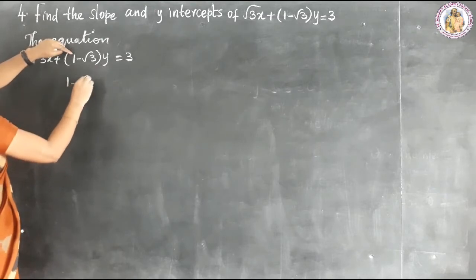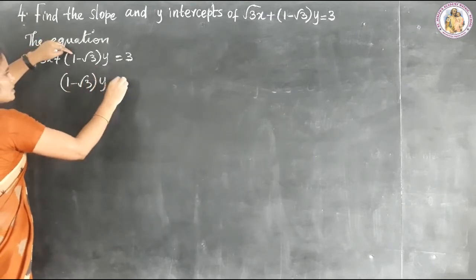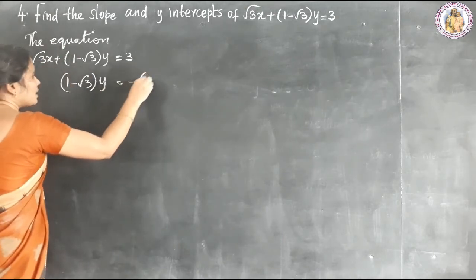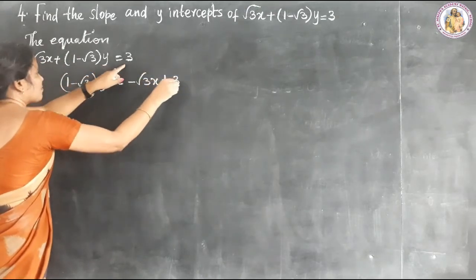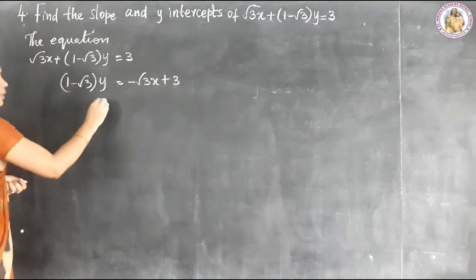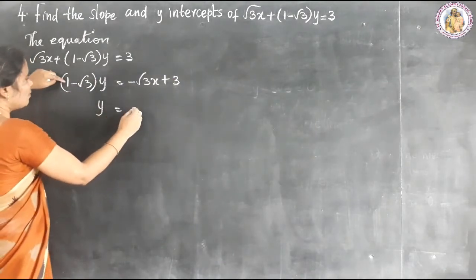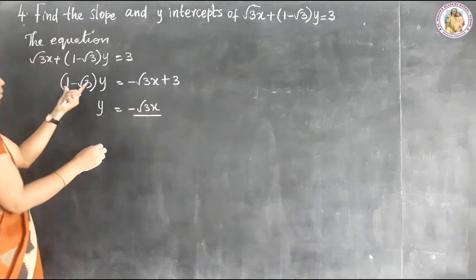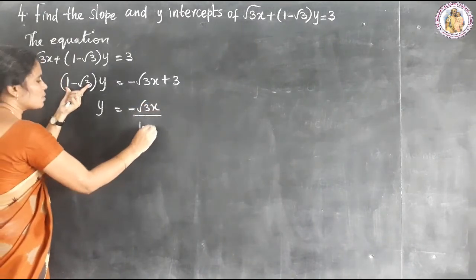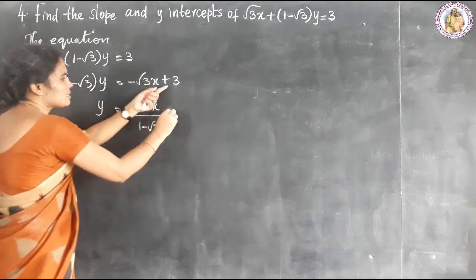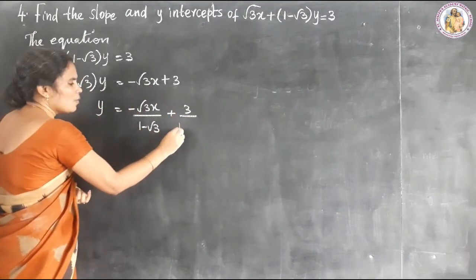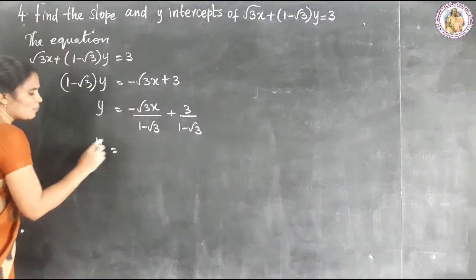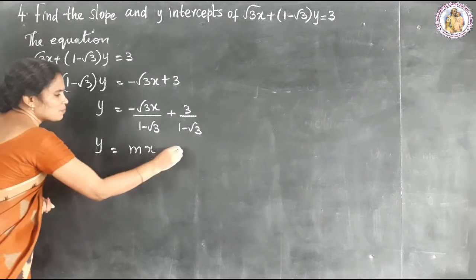So 1 minus root 3 times y is equal to minus root 3x plus 3. Now y is equal to minus root 3x divided by 1 minus root 3, plus 3 divided by 1 minus root 3. Now you can see the equation is in the form y is equal to mx plus c.